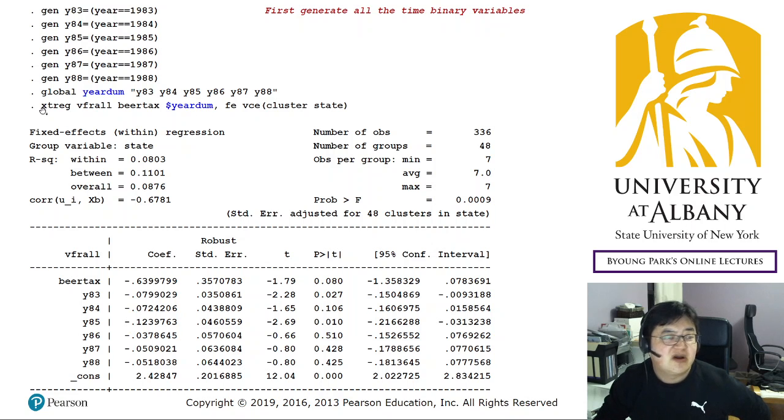Anyhow, again, you set the panel data structure earlier and then use xtreg with fatality rate, beer tax, and year dummy variables. Because we observe 7 years, we include 6 dummy variables, dropping the first one, 82, and then comma, fe. The fixed effects option handles the state-specific fixed effects.